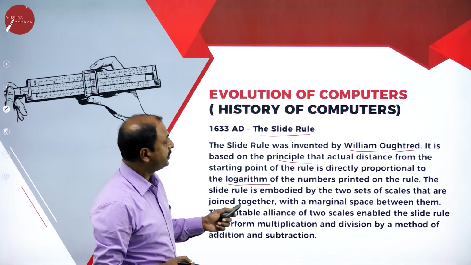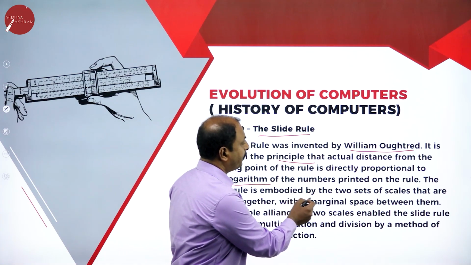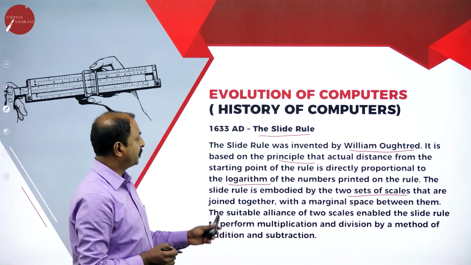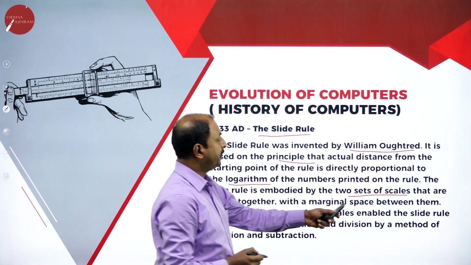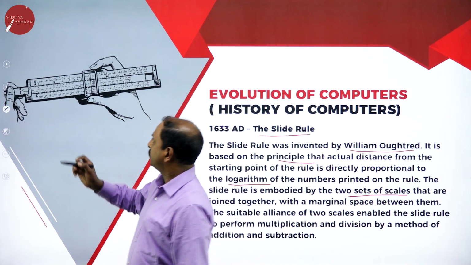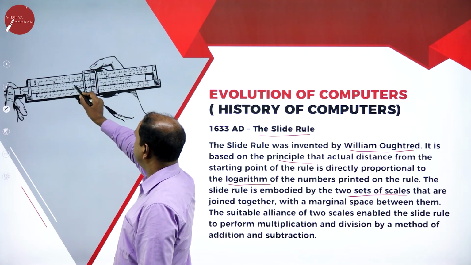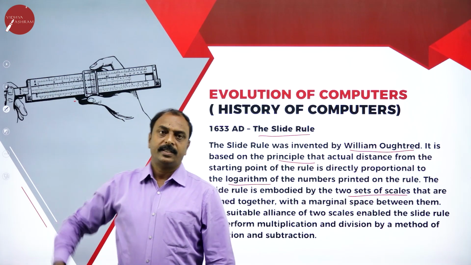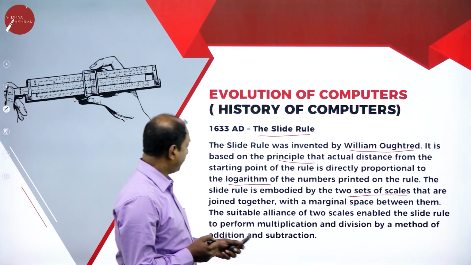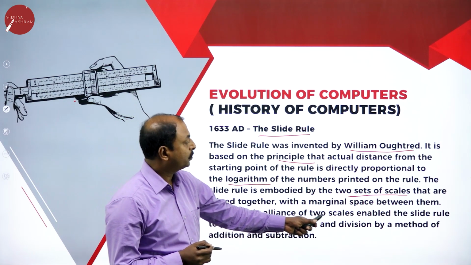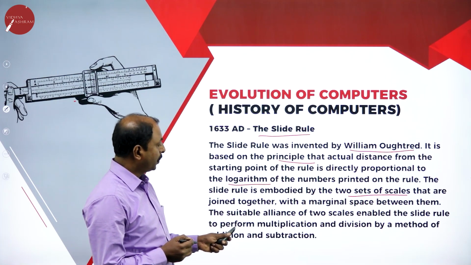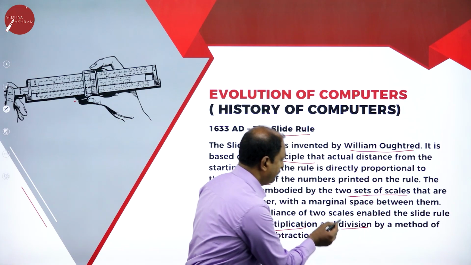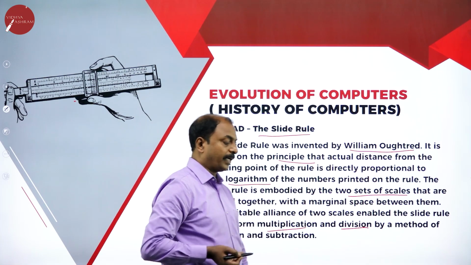Now this slide rule is made of 2 sets of scales. There are 2 scales joined together with a marginal space between them. Here's one rule, another scale or rule, and there is a marginal space between them. The suitable arrangement of the 2 scales enables the slide rule to perform multiplication and division by the method of addition and subtraction.